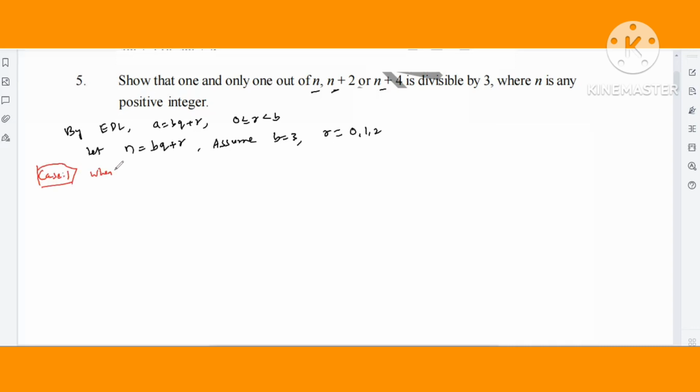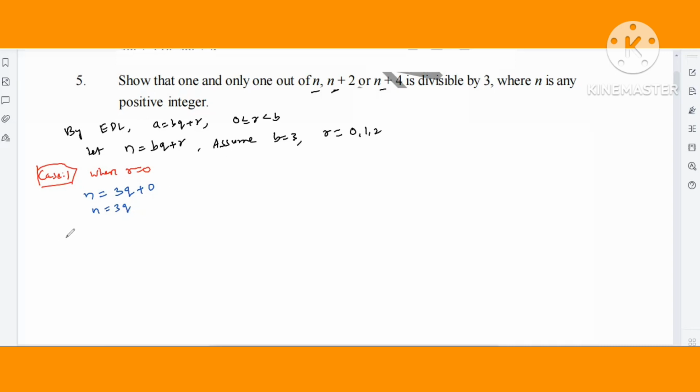Now take the first case, case 1. When r equals 0, what do you get? n equals 3q plus 0, so n equals 3q. Now 3q is a multiple of 3, that is, divisible by 3.